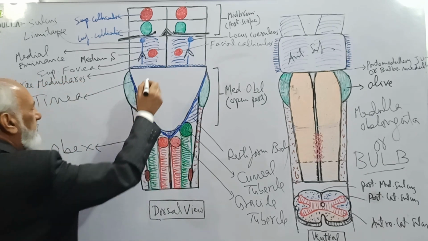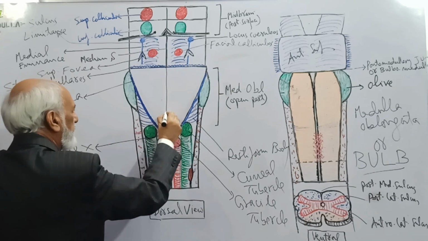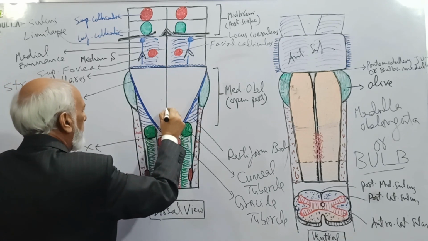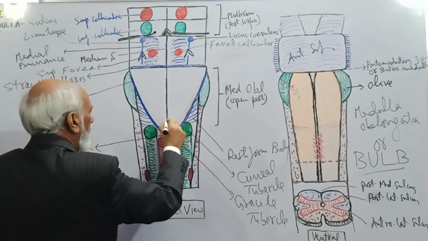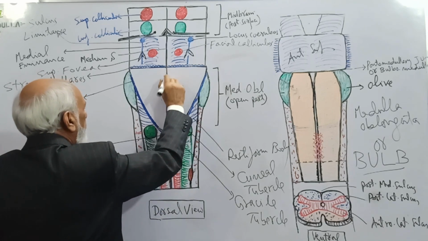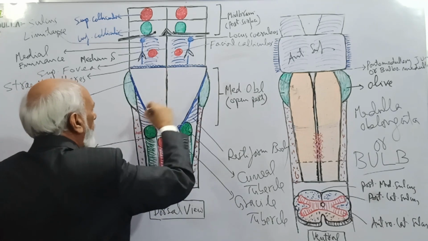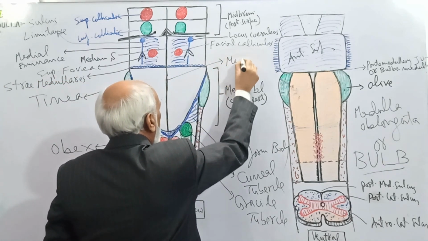Now here in the midline there is a sulcus known as the median sulcus, which divides the dorsal surface of the open part.